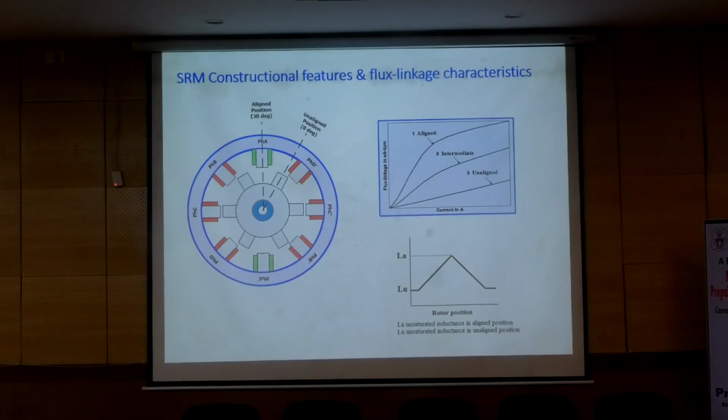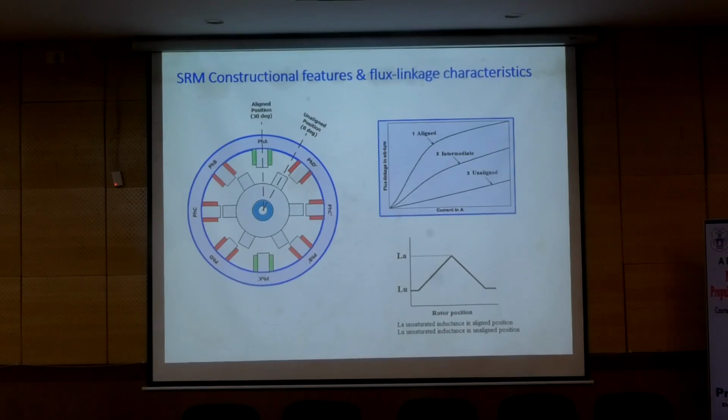And for every position, the first one is the aligned position. Aligned means this rotor pole is aligned exactly with this stator pole. Here, the phase C poles are the aligned poles in this particular view. The other rotor poles are unaligned with respect to the stator poles.